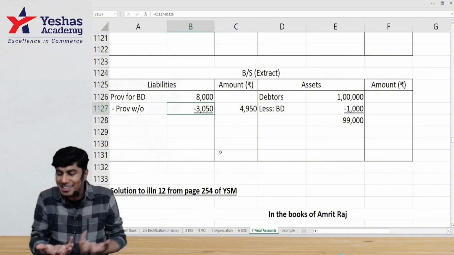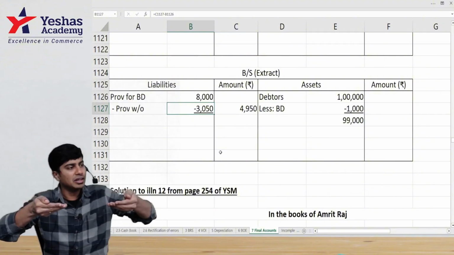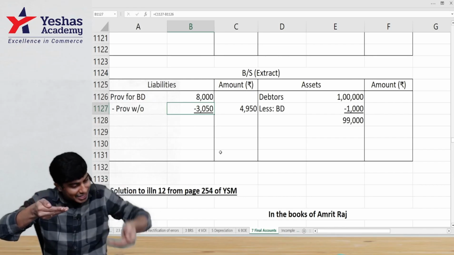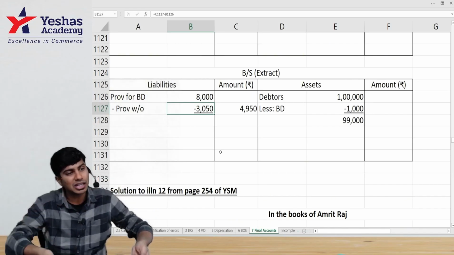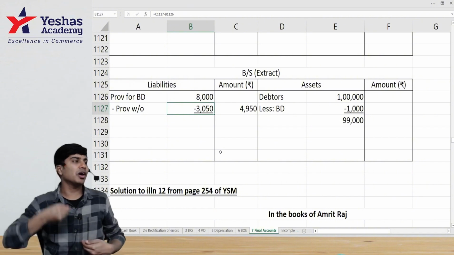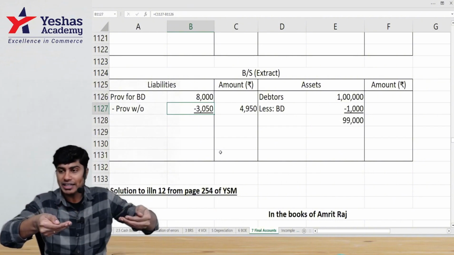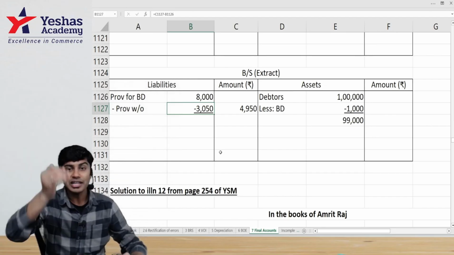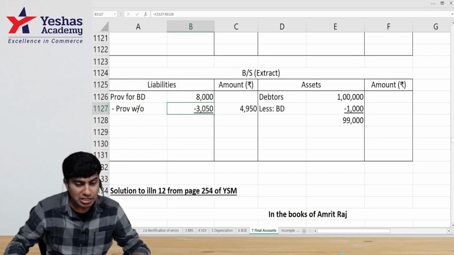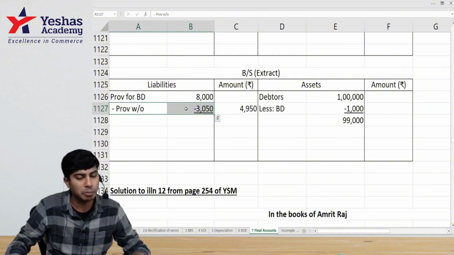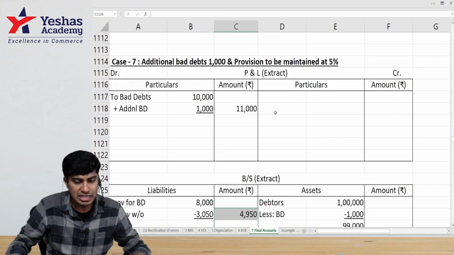Provision, when you create it, it is an expense. Once you create it, it's a liability. When you write it off, it is reduction in liability, resulting in reversal of expense, which is income. This 3,050 reduction in our provision of 8,000, reducing it to 4,950, is an income.